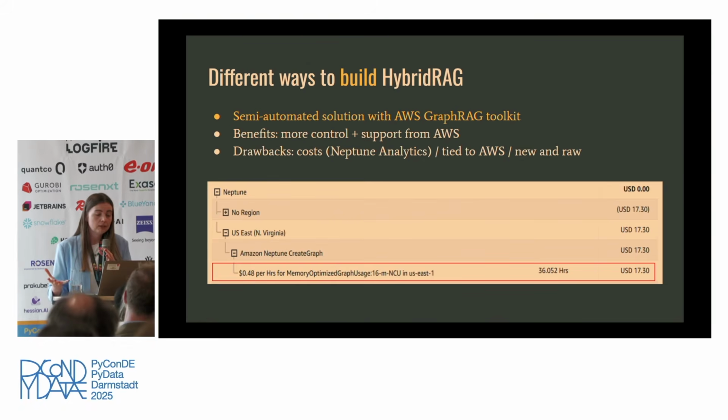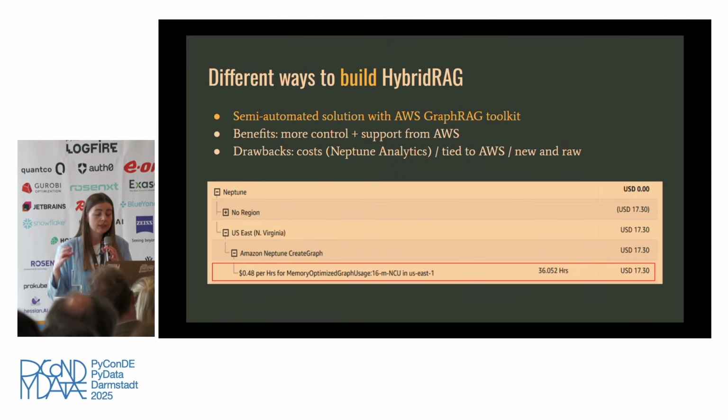But also recently AWS announced what I like to call a semi-automated solution, the AWS GraphRAG Toolkit. It's an open source package to facilitate creation of graphs. One benefit is you have more control. You have an open repo supported by AWS. You can open an issue, you can reach out to them.